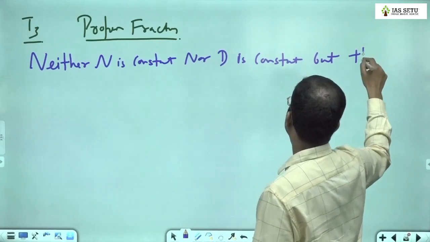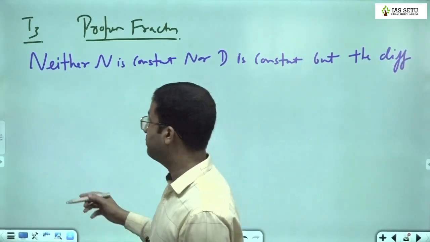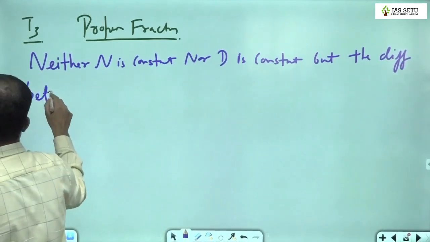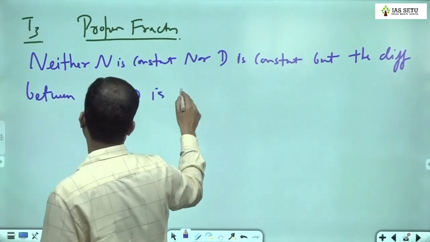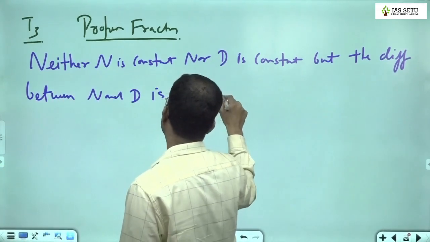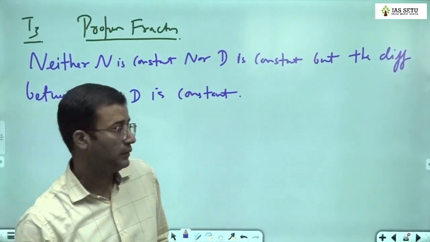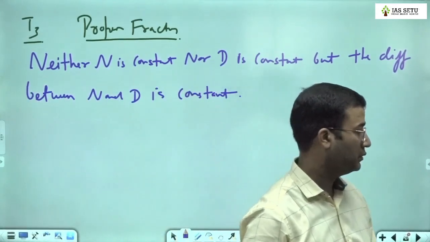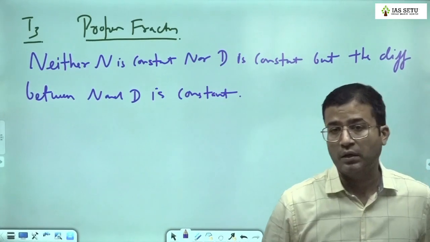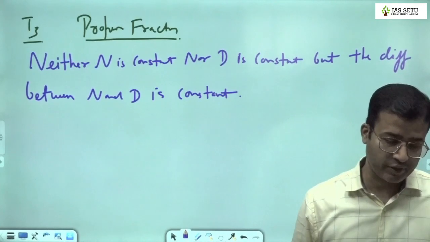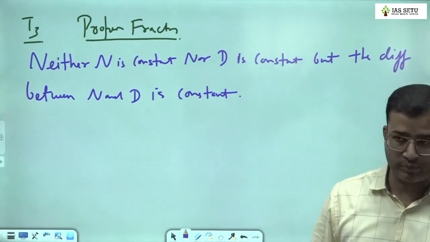But the difference between numerator and denominator is constant. Okay, neither numerator constant nor denominator constant, but the difference between numerator and denominator is constant.